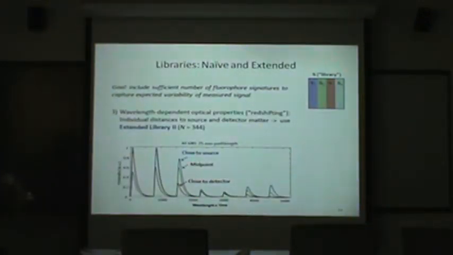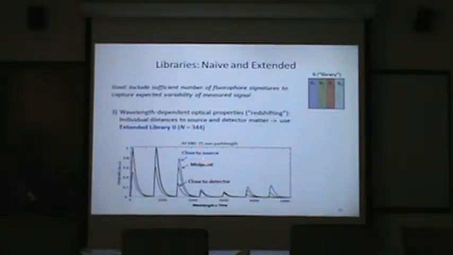In reality, the optical properties depend on wavelength. And when we factor that in, that leads to this distortion that I mentioned earlier called redshifting. And in this case, the shape of the total signature no longer depends only on path length. So here I'm showing you, this is one fluorophore, it's the same fluorophore, 25 millimeter path length.